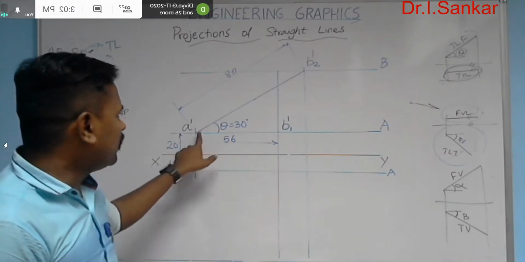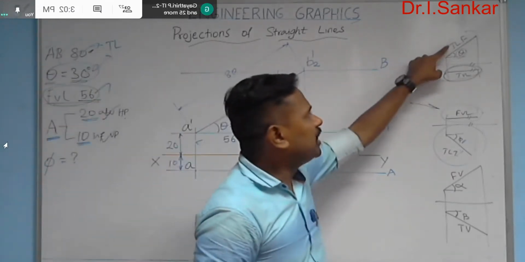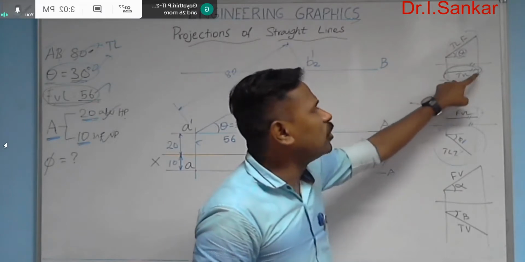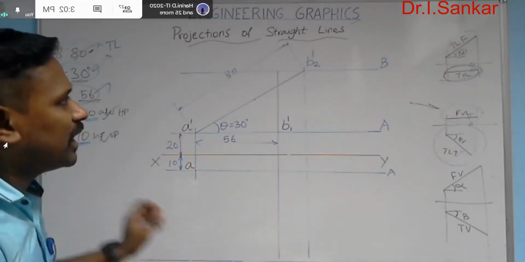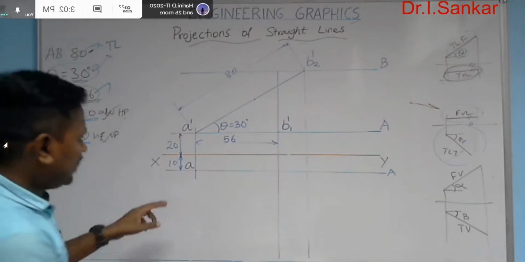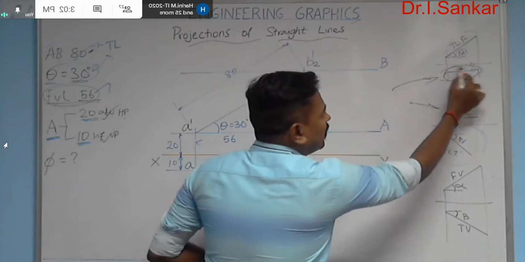For example, the true length in front view, that is TLF, its pair is the top view length. Is it possible to mark the top view length line? Yes, here. Actually, the top view length line TVL is nothing but that one.